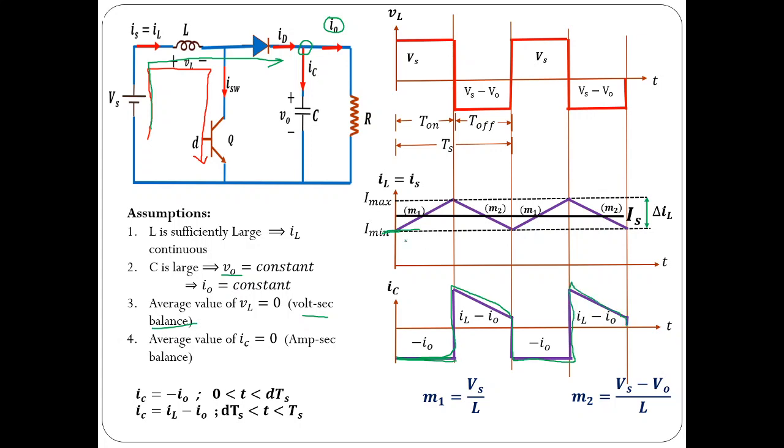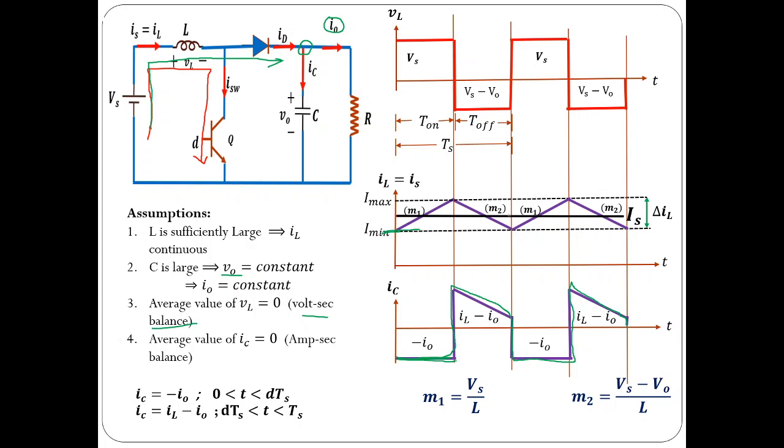You can straight away see that the current through the source is the same as the current through the inductance. So the average value of current through the inductance is the same as the average value of current through the source. You can find the average value using the formula: area under the curve for one cycle divided by the time period. You would get that the value is exactly in the middle of I max and I min for continuous conduction mode.